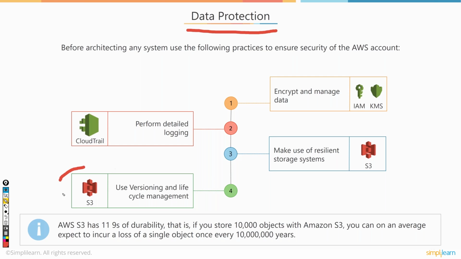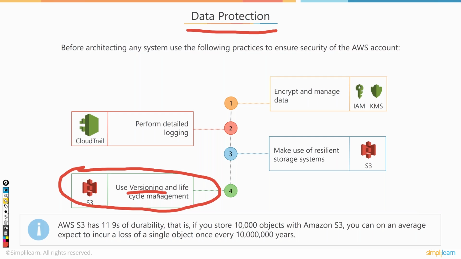One of the last things is also to use versioning and lifecycle of S3, which means that you can enable this by simply clicking on this, and I'm going to show you later on as well how to do it. Enable versioning, which means every single file that overrides the previous one is kept in a history. It's basically like Git or any other versioning tool that allows you to keep all the files, which means if someone deletes the file by mistake or overwrites it with some sort of a newer version, guess what?